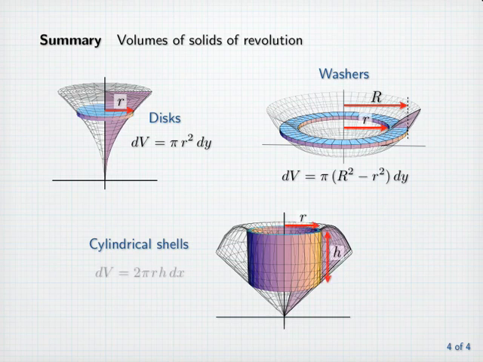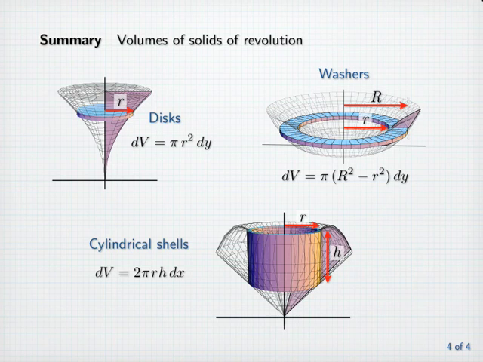And so dV is 2 pi r, which we think of as the circumference of the shell, times the height, h, times dx, which here we think of as the thickness of the shell. Notice here that revolution about the y-axis or any other vertical axis results in an integral that's done with respect to x. And of course the radius r and the height h must be expressed in terms of the variable x.